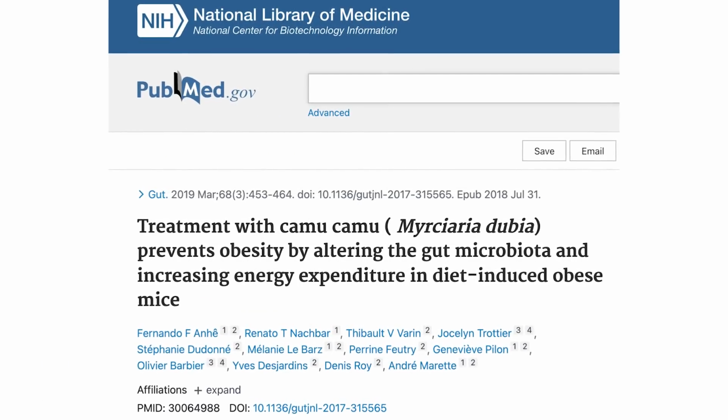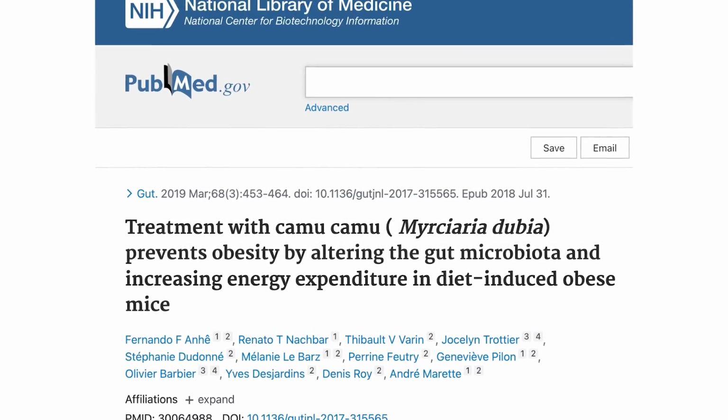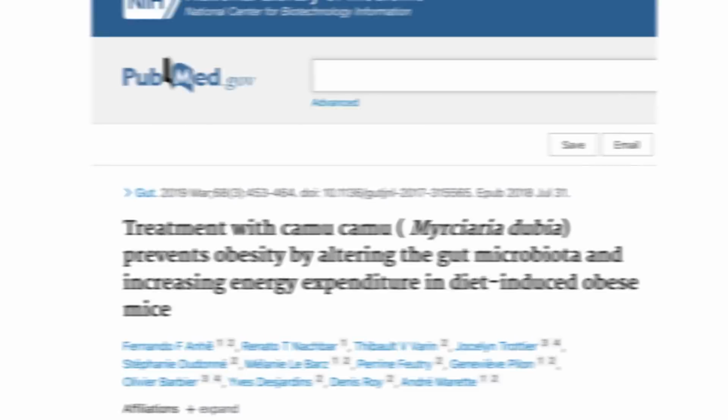This was published in the peer-reviewed journal Gut. The researchers gave mice a terrible diet of processed fats, high fructose corn syrup. They're just giving them the worst stuff, the worst of the worst, that would normally make the mice obese and, listen to this, make the mice develop immunometabolic disorders.